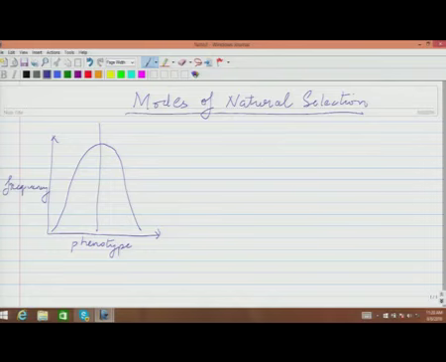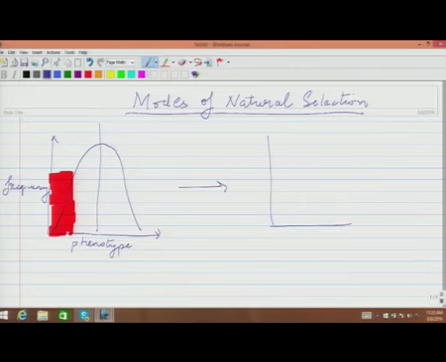But what can happen in one of the modes of natural selection is that there can be a slight favor to a particular trait. A particular trait may be favored by natural selection, and because of this the graph may shift.